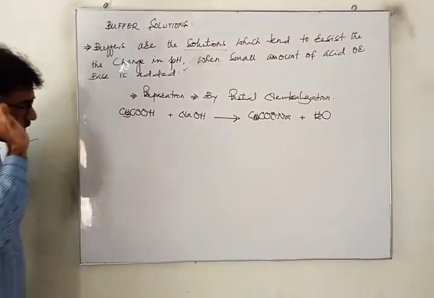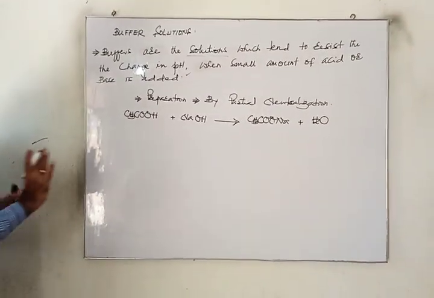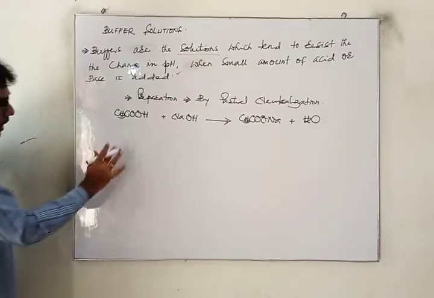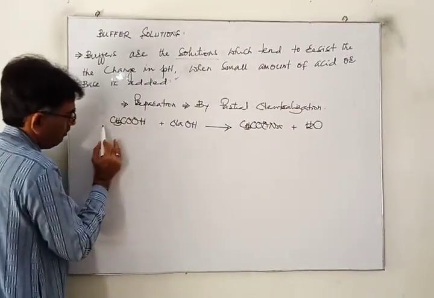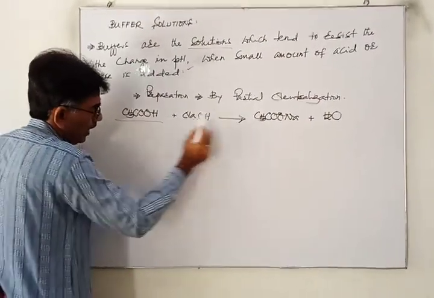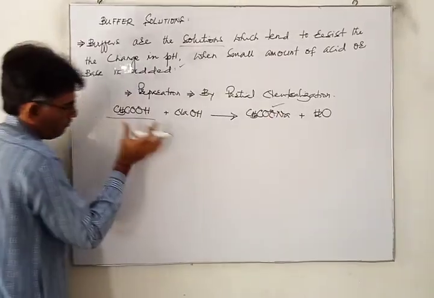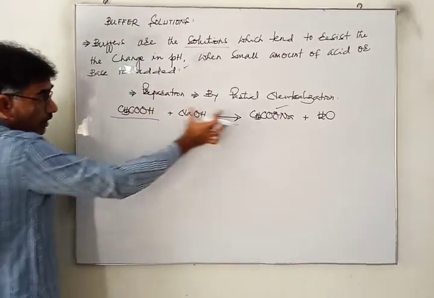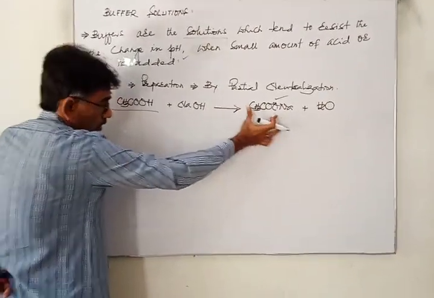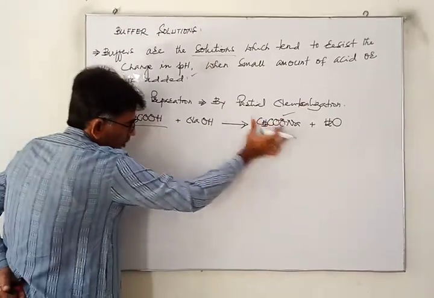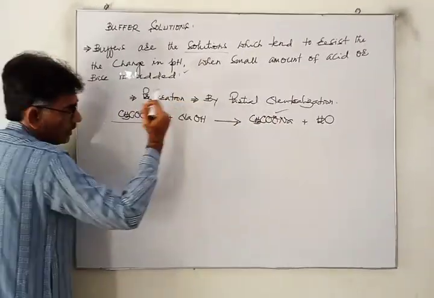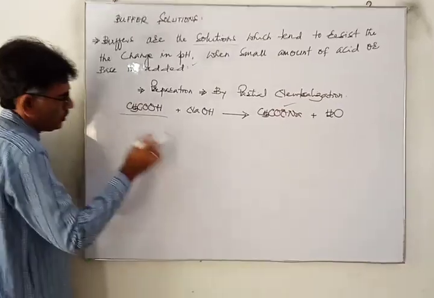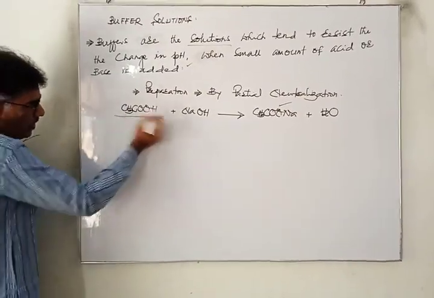Now, in this, what part do we have? Weak acid and its salt. Weak acid and its salt. This mixture is to be referred to as buffer solution. Means buffer is a mixture.